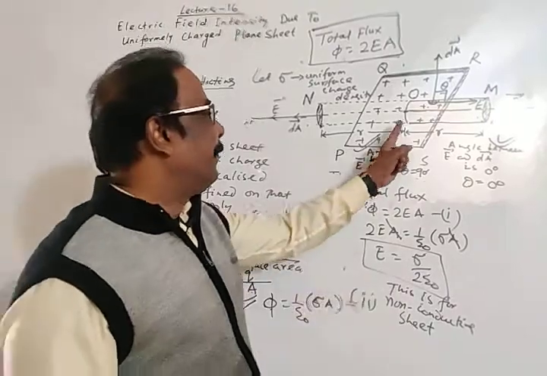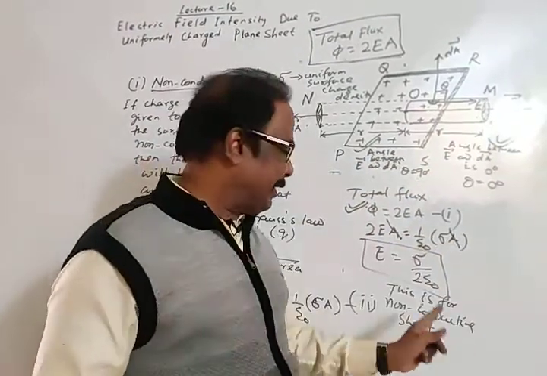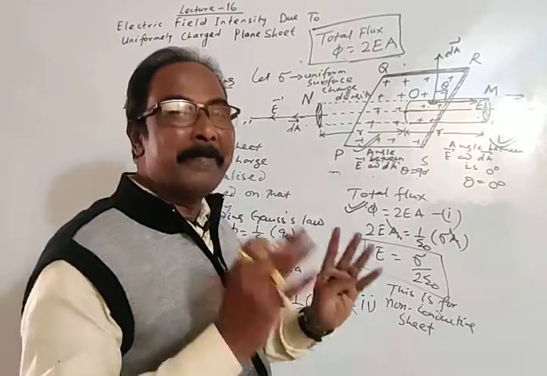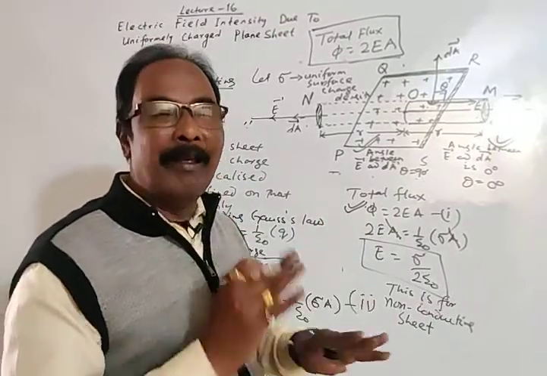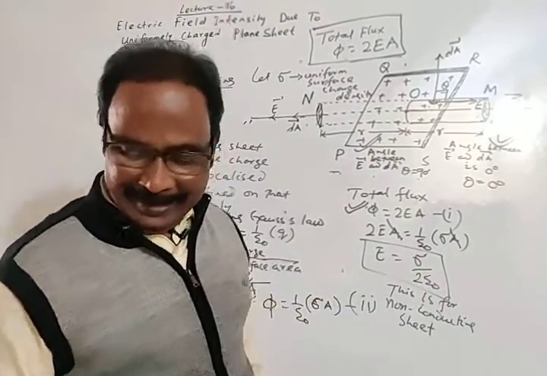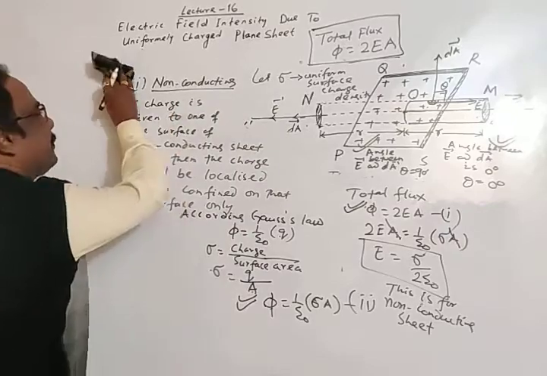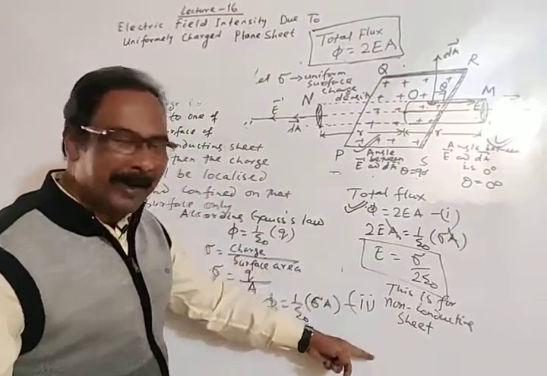Here we have taken distance on both sides r and r. But for a uniformly charged plane sheet, electric field is independent of distance. This is about the non-conducting sheet.